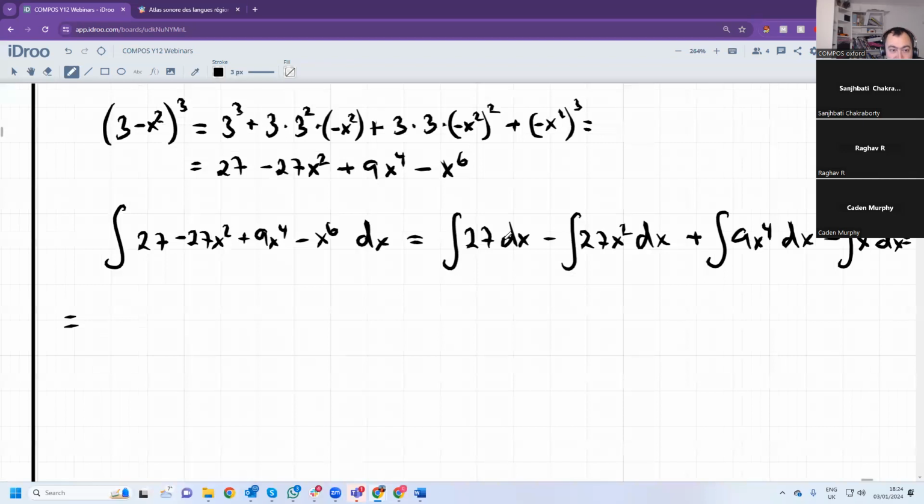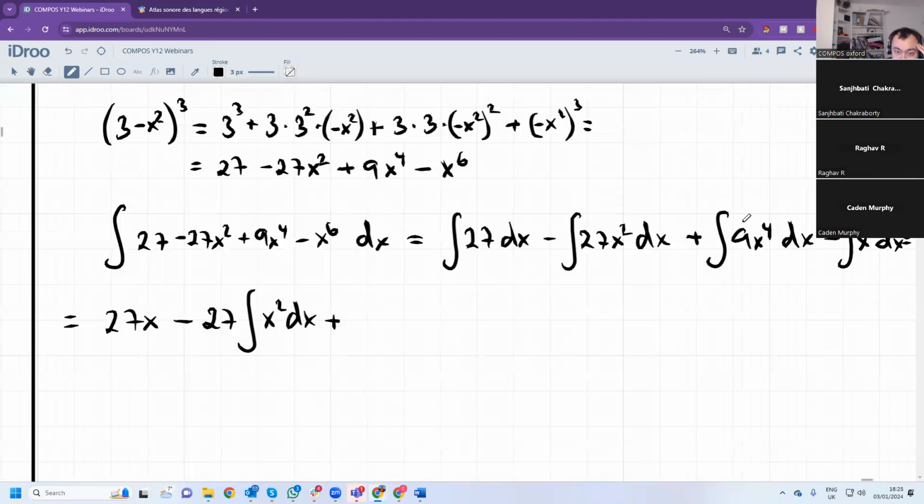And then the integral of 27: which function has a derivative of 27? Well, it has to be 27x. We know that intuitively because the derivative of 27x is 27. Minus, we can take 27 out, and we are left with the integral of x squared dx.